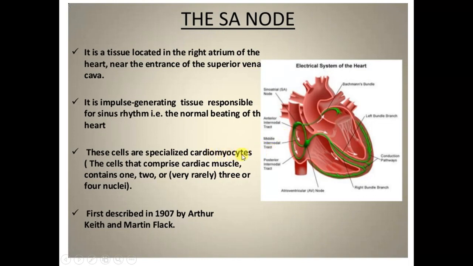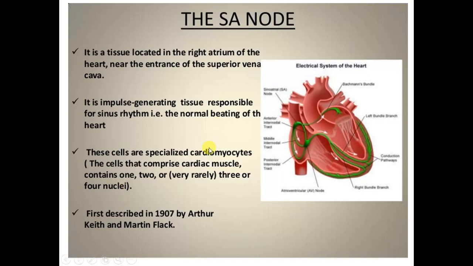These are specialized cardiomyocytes. These cells comprise cardiac muscle and contain 1, 2 or very rarely 3 to 4 nuclei.